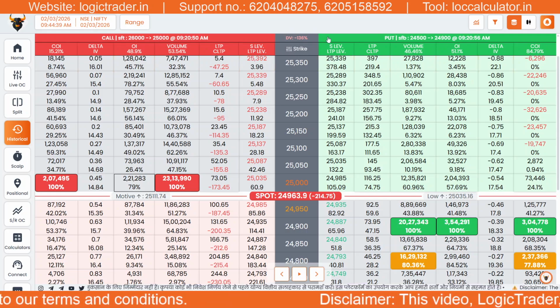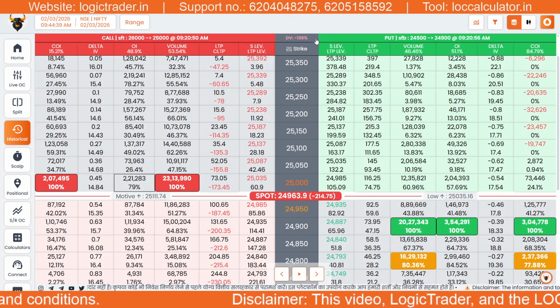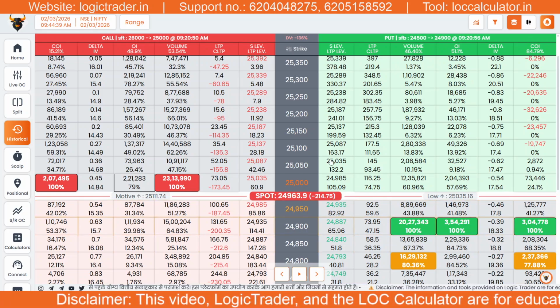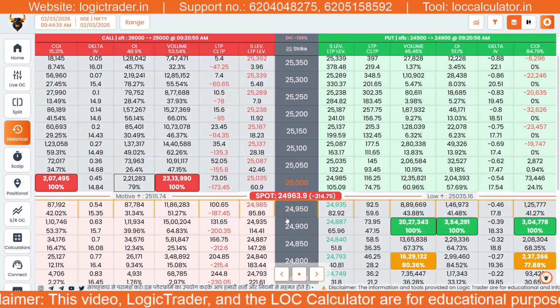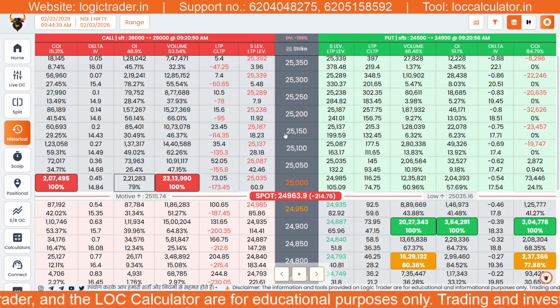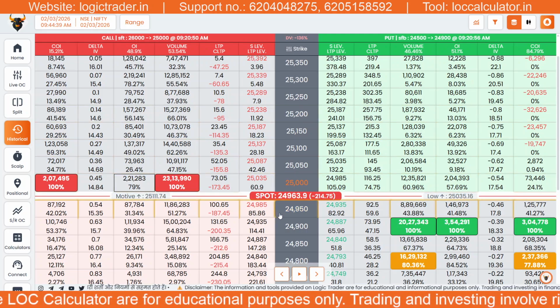In that case, the conditions are more favorable for bearish trades. All right, so this is how we interpret DV to detect possible diversions before entering a trade.